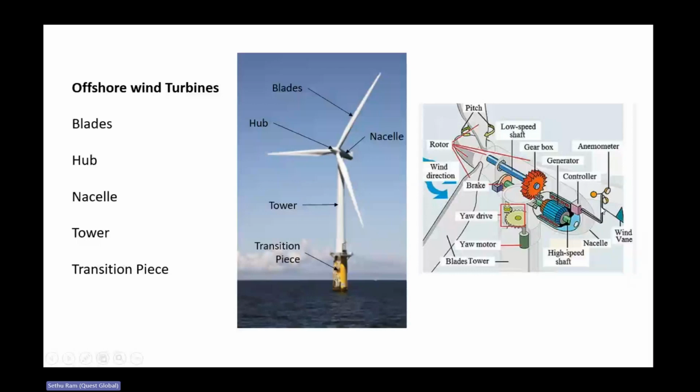If the wind speed is within the range of the wind turbine, then only the wind turbine will work. Otherwise, they will automatically shut off the wind turbine to safeguard it.